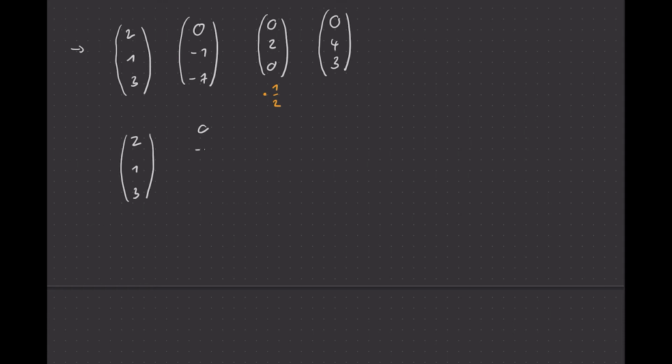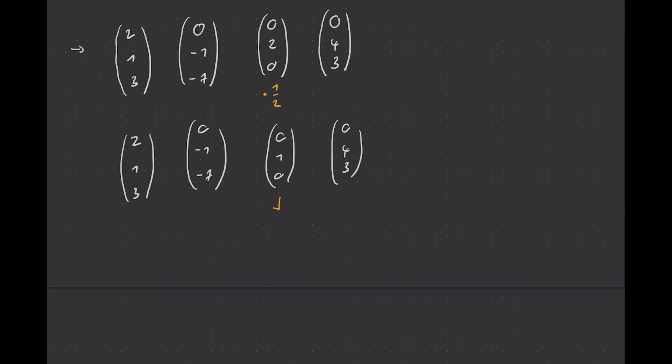In this first step, we just do the simple multiplication. And now we're going to manipulate the other vectors again.